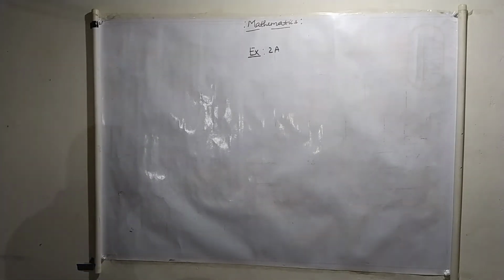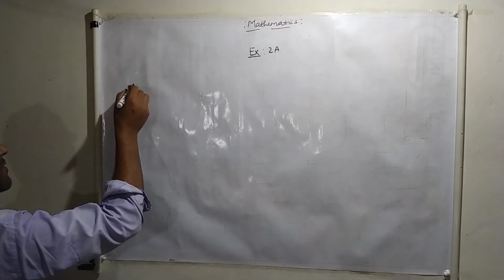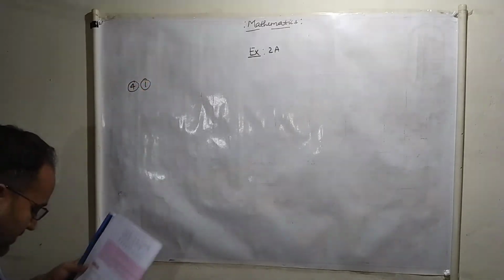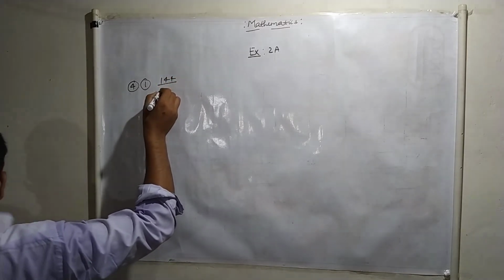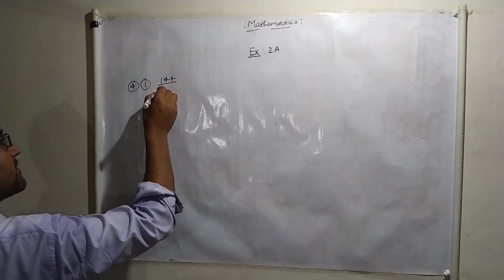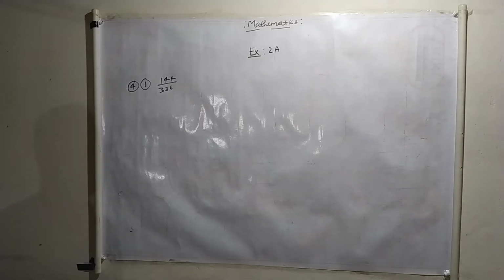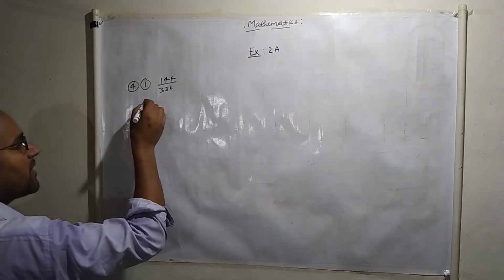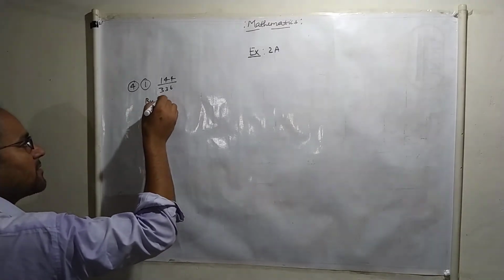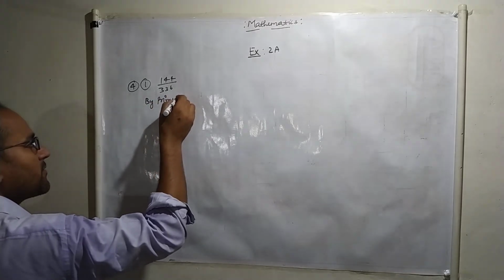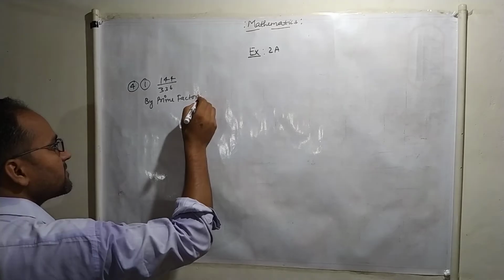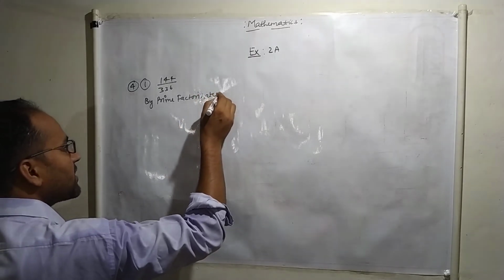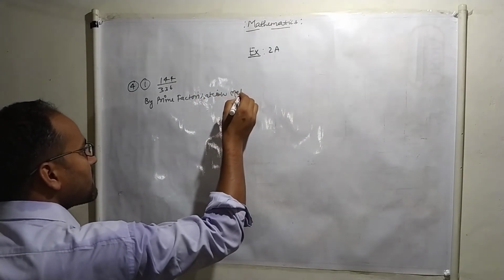Question number 4 first: simplest form, 144 upon 336. I am going to use the prime factorization method.